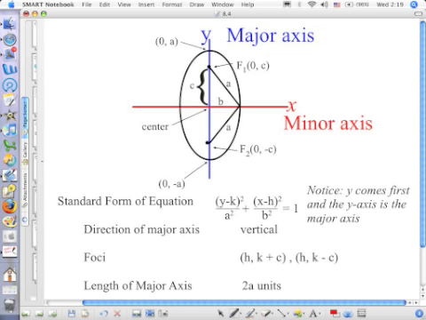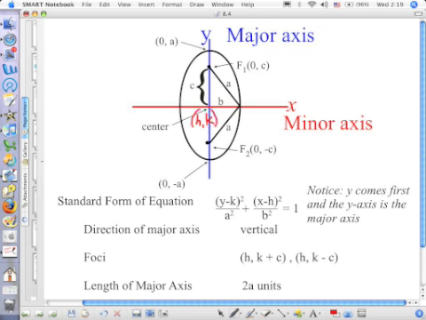C still represents the distance from one focus to the center. A is still the distance from the edge of one side of the major axis to the center. And b is still the distance from the center to the edge of the minor axis. What is h and k? H and k are the x and y coordinates of my center. That'll be given to you.